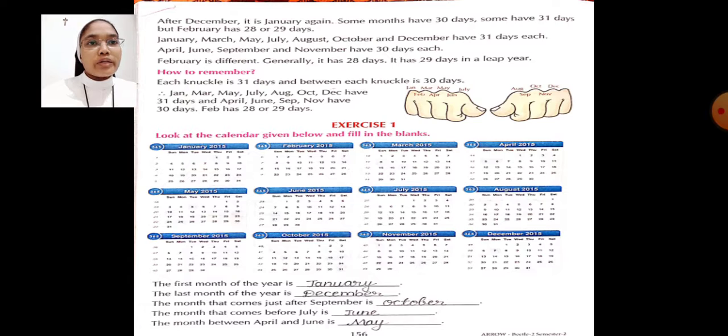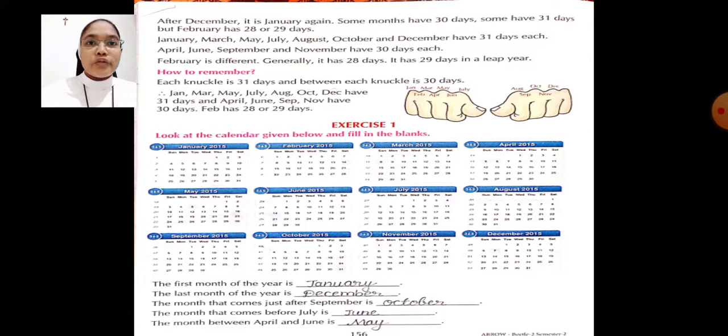Some months have 30 days. Some have 31 days. But February has 28 or 29 days. January, March, May, July, August, October and December have 31 days each.